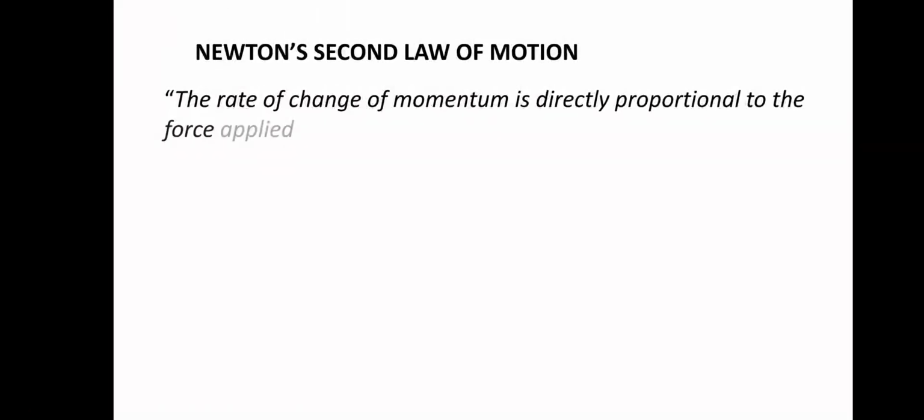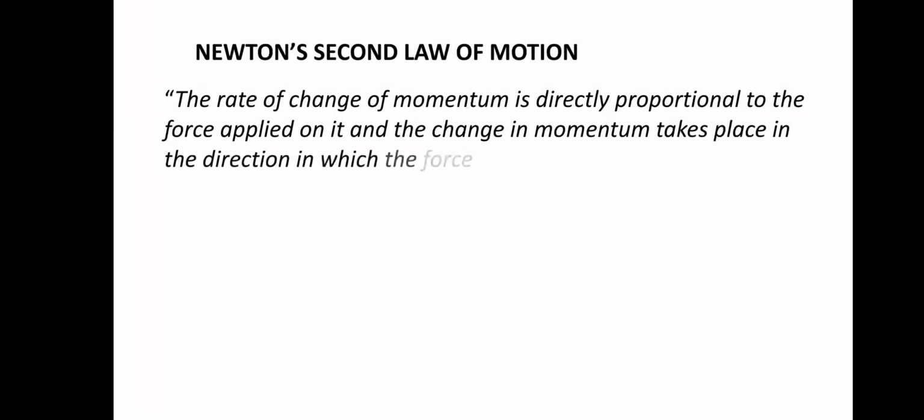So now we come to Newton's second law of motion, which states that the rate of change of momentum is directly proportional to the force applied on it, and the change in momentum takes place in the direction in which the force is applied.